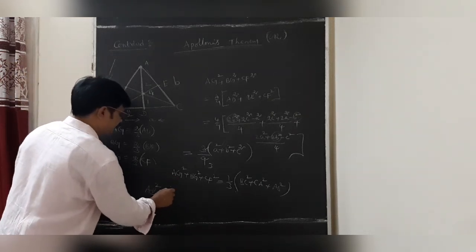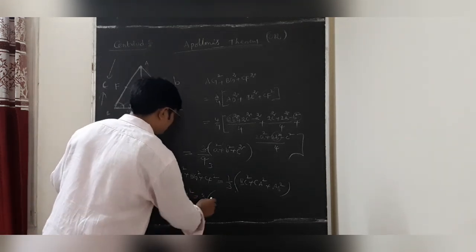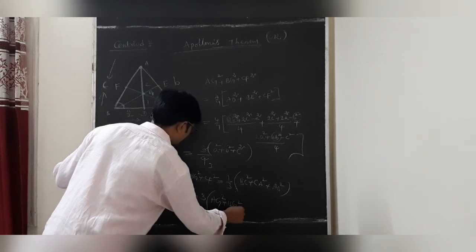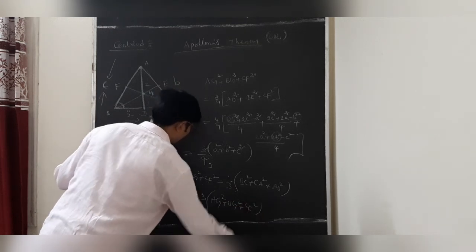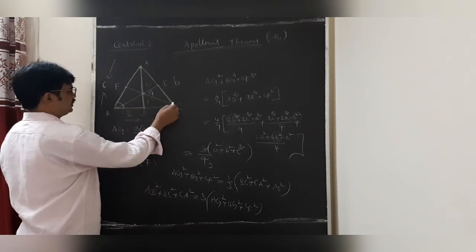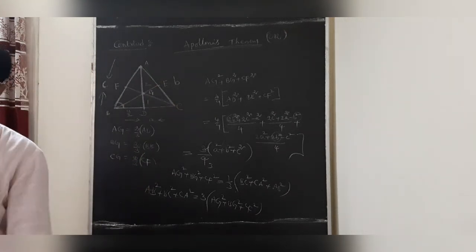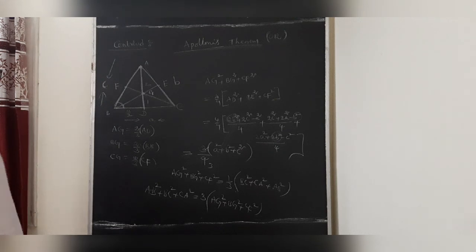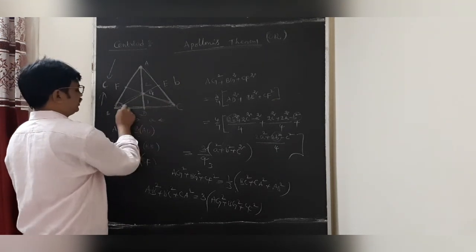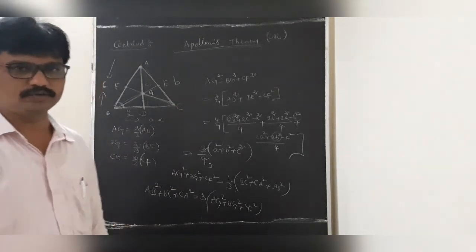AB square plus BC square plus CA square equal to 3 times of AG square plus BG square plus CG square. At the same time, the area of the triangle BGC is the 1 by 3rd of the area of the triangle ABC. Okay, students?